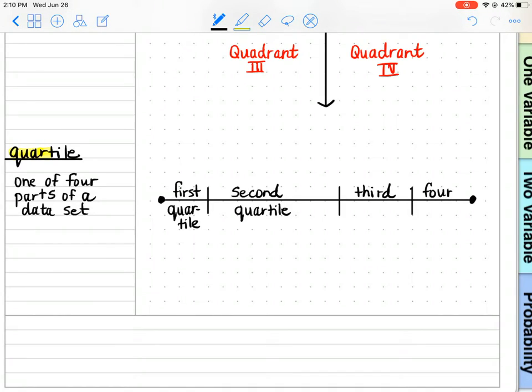There will always be 4 of them if you're dealing with quartiles. But you might say, what is the probability that a student's test score on the HiSET math will fall in the 4th quartile? So we would be looking at this area up here in that 4th section. So the word quartile is another word for part, if you're talking about 4 parts, not necessarily equal parts.